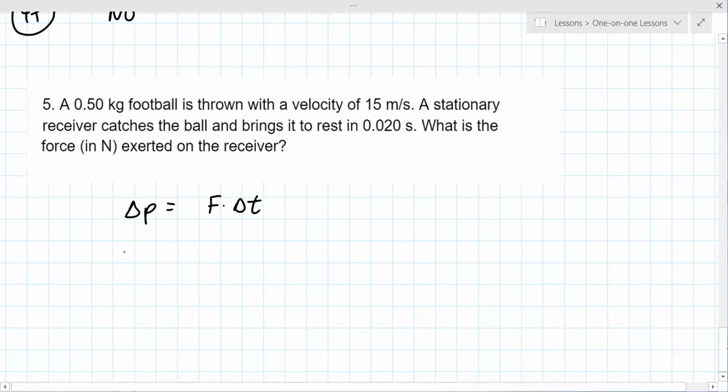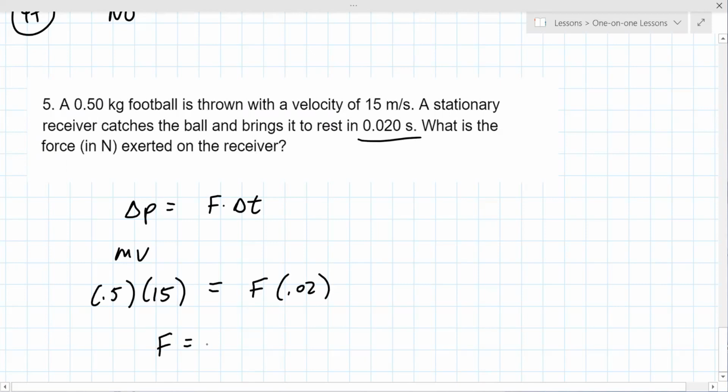So the change in momentum is mass times velocity. So that's the 0.5 times 15. The force we don't know, but the change in time is 0.02. So we can calculate the force as 0.5 times 15 over 0.02.